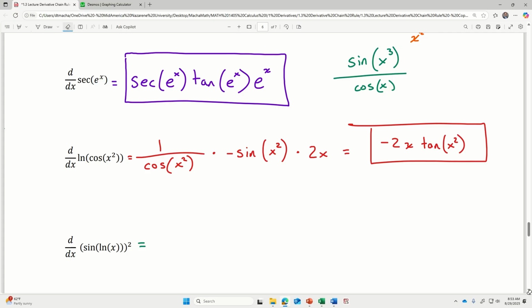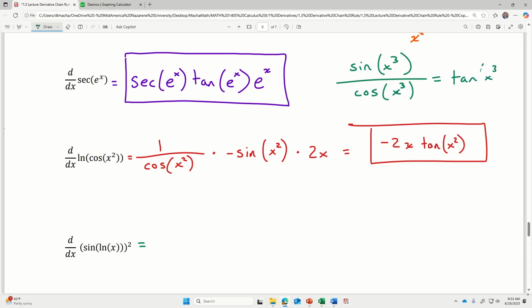But if I do have sine of x cubed divided by cosine of x cubed, and they do have the same argument, now this is the same thing as tangent of x cubed. Is that the question you were asking? Okay. So you can make that simplification as long as the argument is exactly the same between them.